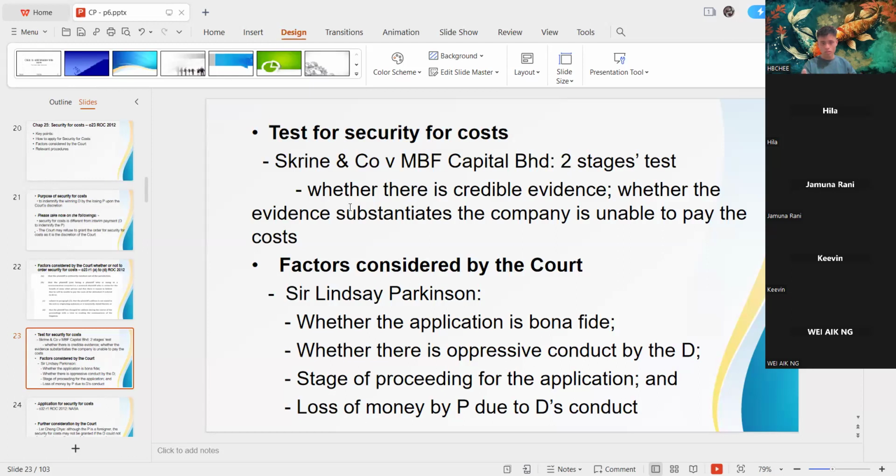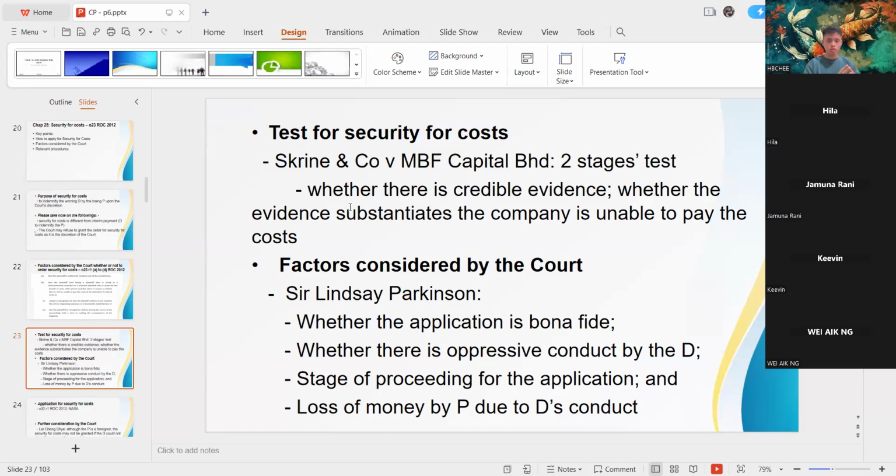In Sir Lindsay Parkinson, there are a few factors considered by the court. First, whether the application is bona fide, which means in good faith. Second, whether there is any oppressive conduct by the defendant. Third, at which stage of the proceeding the defendant made the application. And the fourth is loss of money by the plaintiff due to the defendant's conduct.